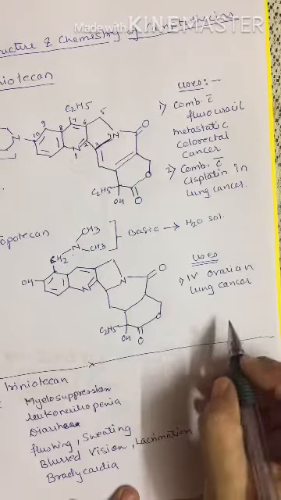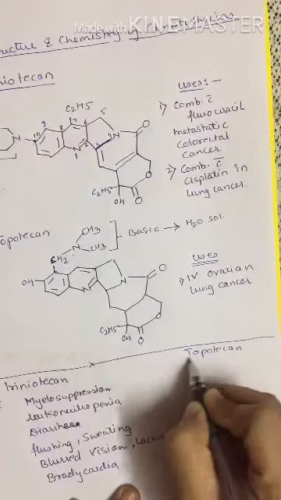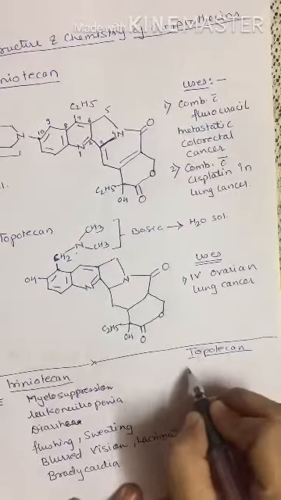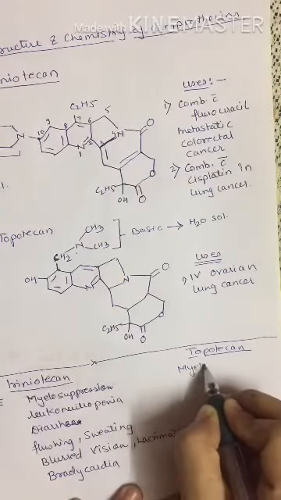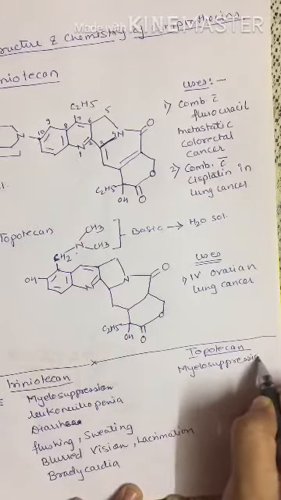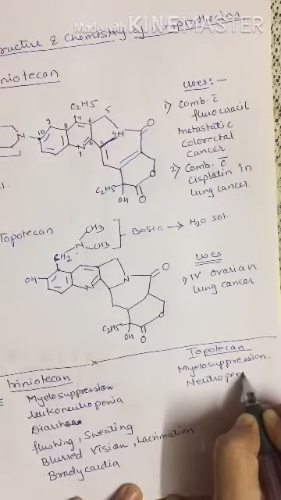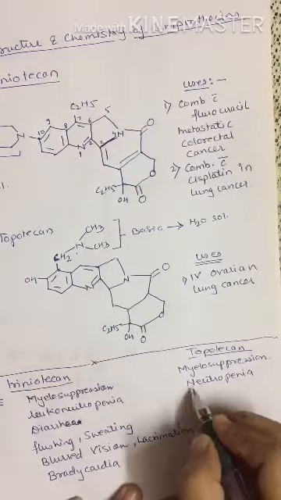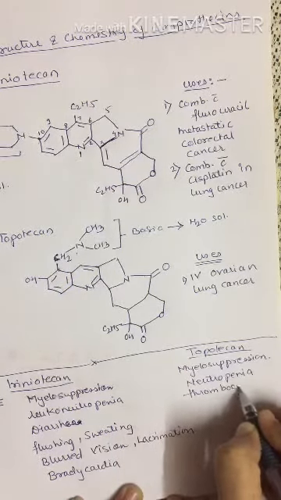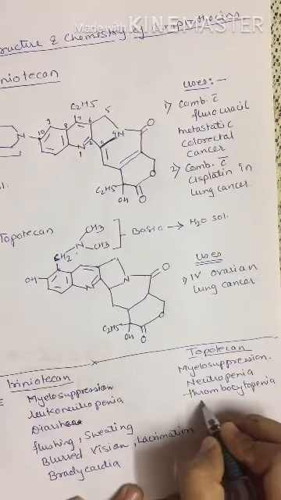And the side effects of topotecan are myelosuppression, neutropenia, thrombocytopenia, and anemia.